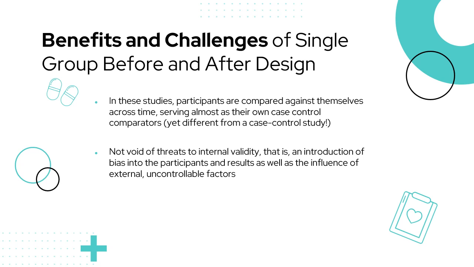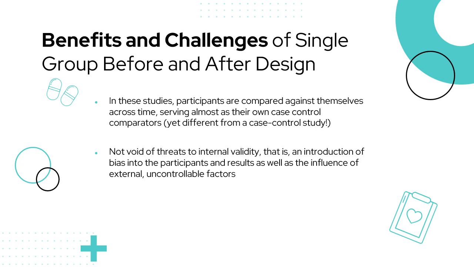Now, one of the challenges is it's not void of threats to internal validity. Okay, so there can be an introduction of bias into participants and the results, as well as the influence of external and uncontrollable factors, right? So for example, in the hand hygiene example, if staff know that they're going to be tested before I initially put out the test and I'm looking at seeing, okay, what are your scores?